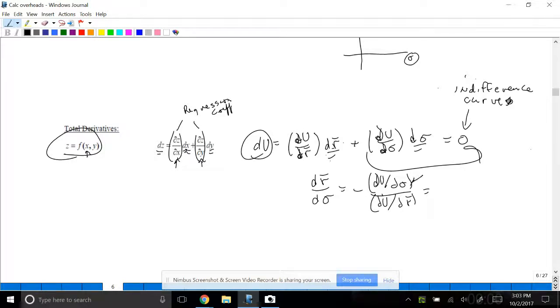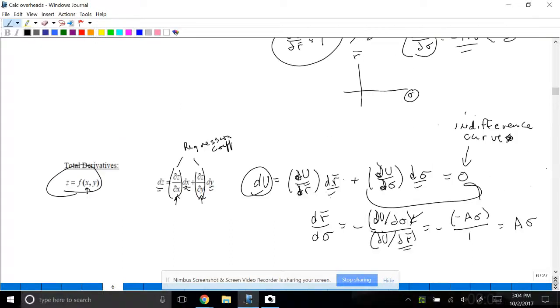All right, so before we had this as negative A sigma, and the derivative of u with respect to r is going to be 1. And so what we have is this relationship. So the slope when volatility is 0 starts off 0, but as volatility increases, the slope increases at an increasing rate. So we have this quadratic relationship.